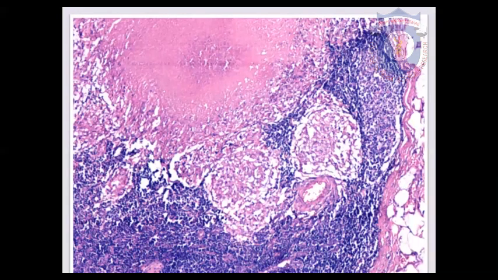You can see the central area of caseation necrosis followed by chronic granulomatous inflammatory reaction surrounding the central area.